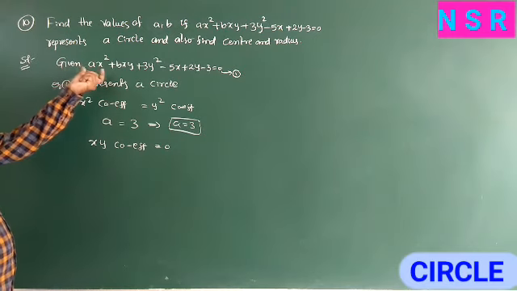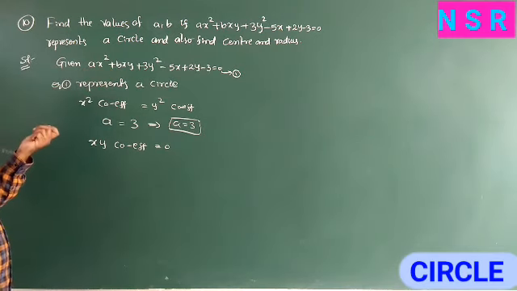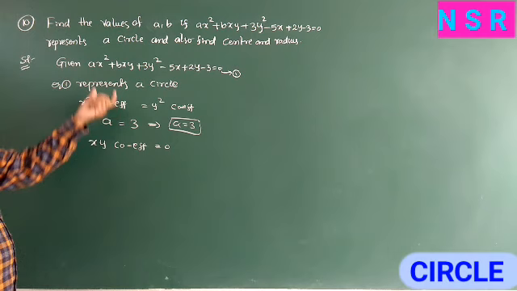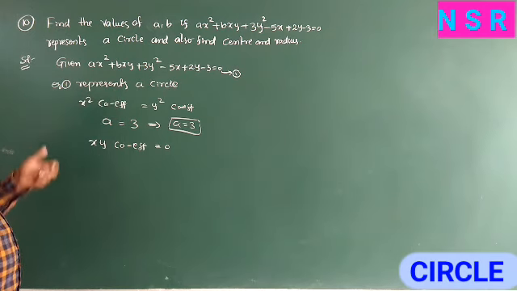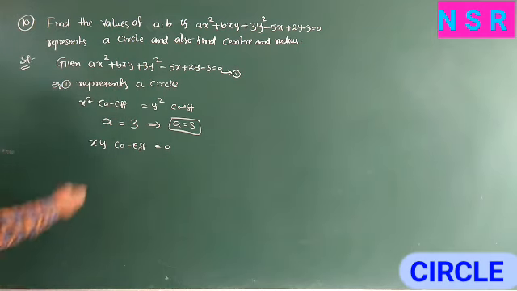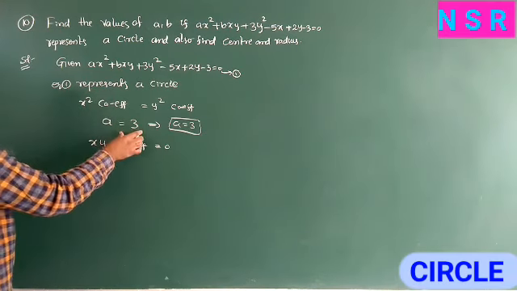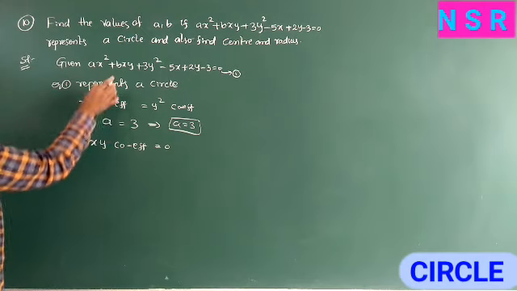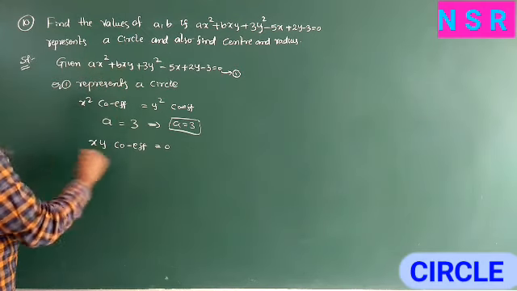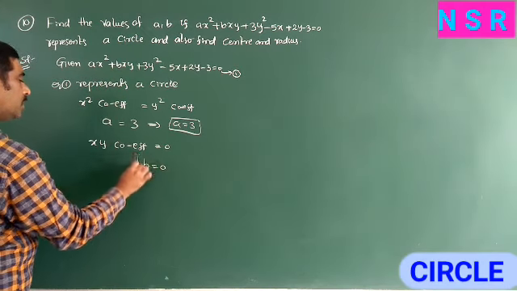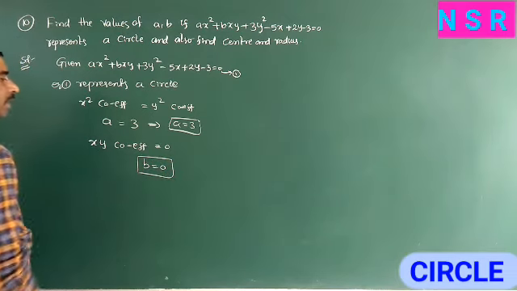So if x square coefficient equals y square coefficient and xy coefficient equals 0, then the given equation becomes a circle equation. Here xy coefficient b, that is b equal to 0. So we get a value and b value.